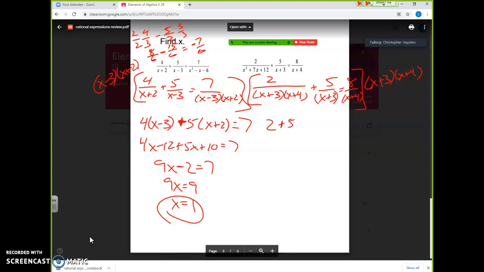Plus 5 times, the x plus 3 cancels, so 5 times x plus 4. The x plus 4 cancels, so it's 8 times x plus 3. 2 plus 5x plus 20 equals 8x plus 24. So 5x plus 22 equals 8x plus 24. We get 3x, we get negative 2.